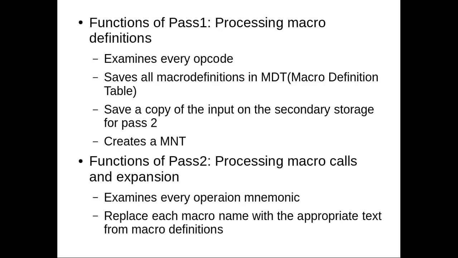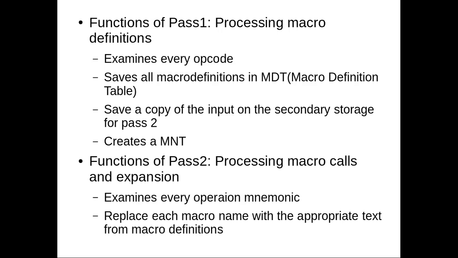In pass 1, it will examine each line of your program and check each opcode. Opcode is nothing but the operation to be performed. It will check for the pseudo opcodes MACRO and MEND, which mean a macro definition.